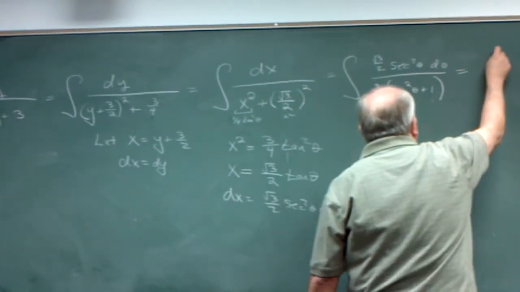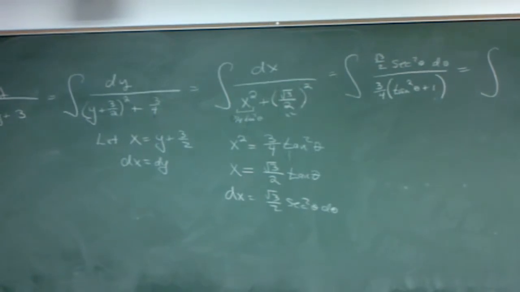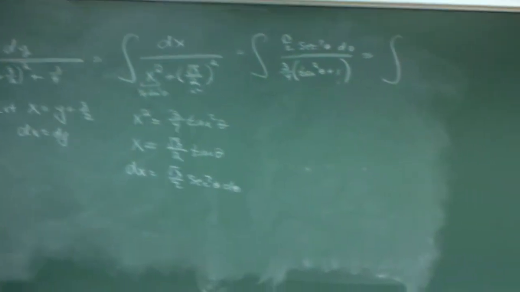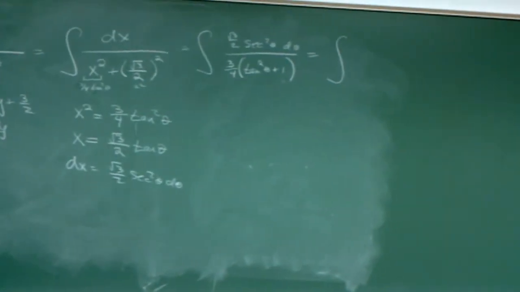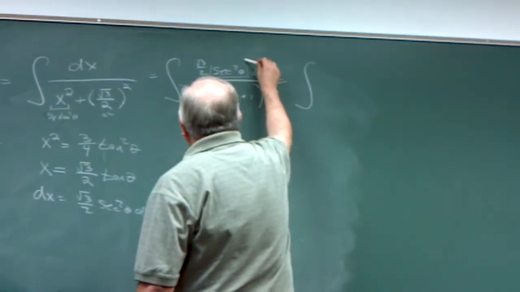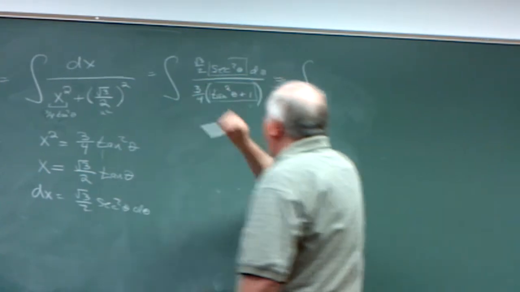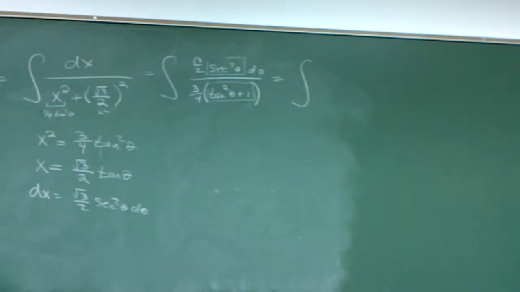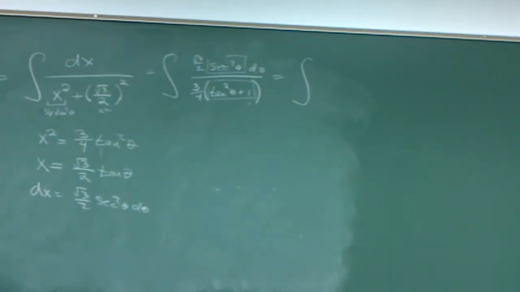Now the reason we did all this is because we're going to get these secant squareds all over the place. So this secant squared cancels with that, because that's secant squared. And what we're left with is, let's just play around with the algebra a bit.